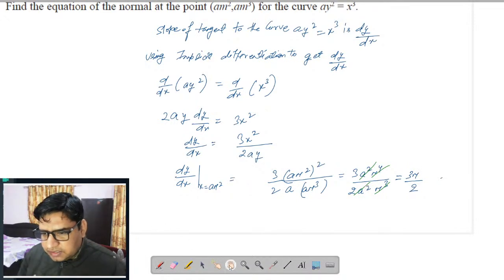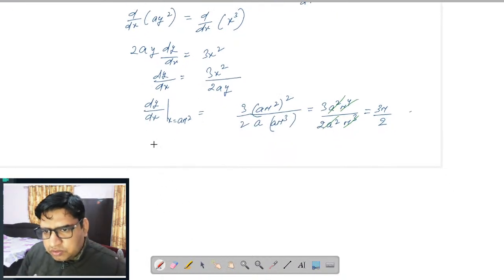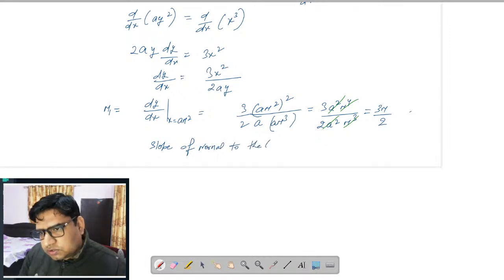Okay, and so we'll simply write slope of normal to the curve, if that is m1, slope of normal to the curve is m2 is equal to minus 1 upon m1, which is minus 2 upon 3m.